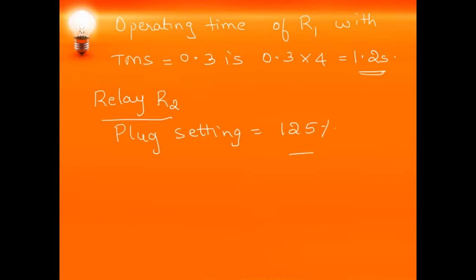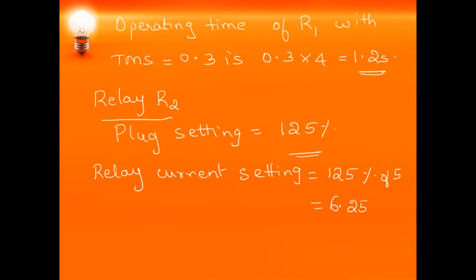The plug setting is given as 125%. So what is the relay current setting? Relay current setting is 125% of 5, which is equal to 6.25 amps. So PSM is fault current, 5000, divided by 6.25 into CT ratio, which is 200.